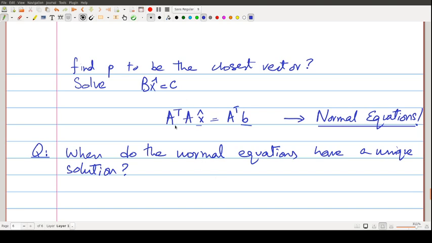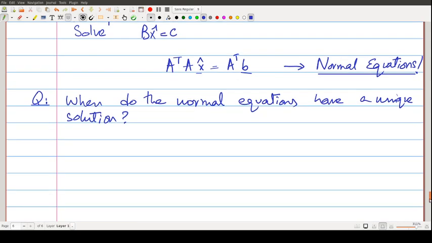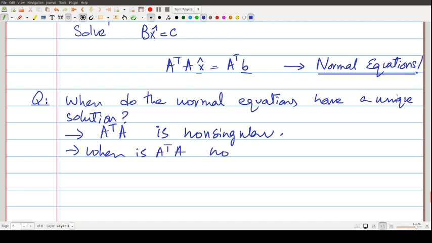What if this is a singular matrix? If it is singular, then I'm done. I can't really solve this. So if it's non-singular, then I know that there's going to be a unique solution to this problem. Okay, so the answer is when A transpose A is non-singular. So the question is, when is A transpose A non-singular?